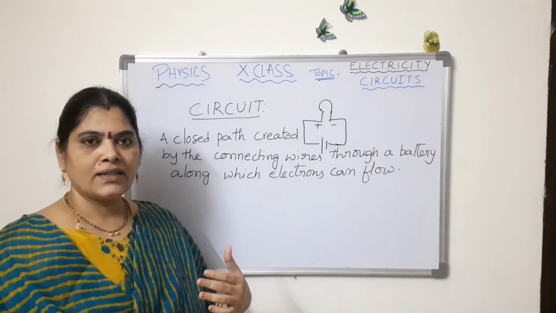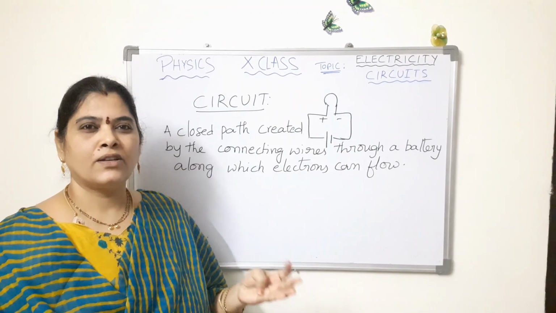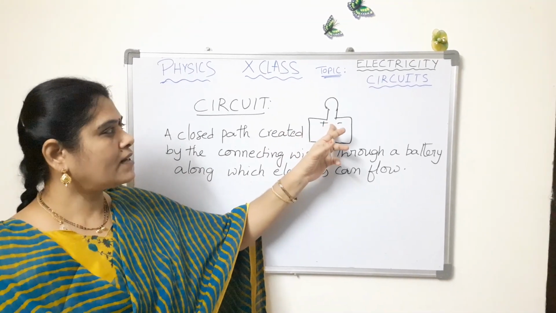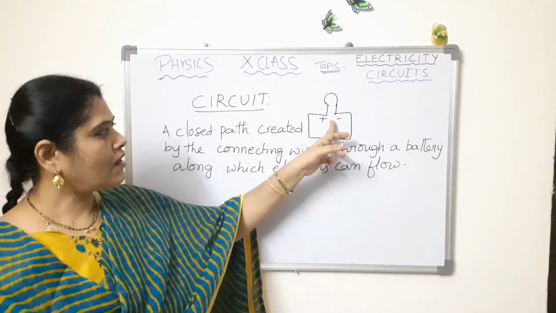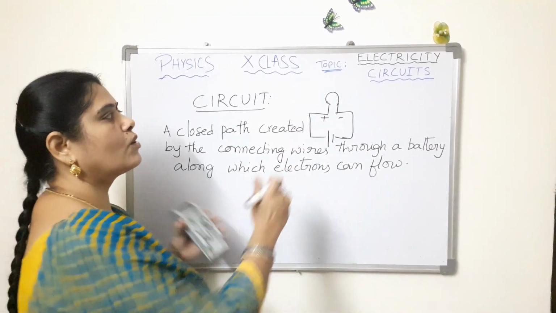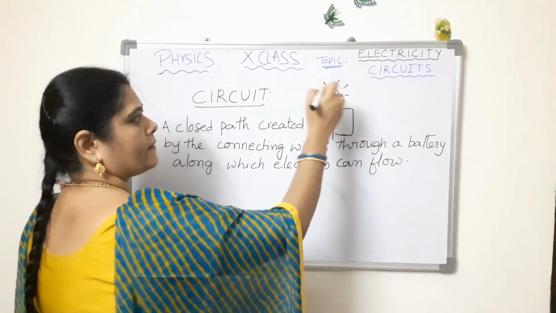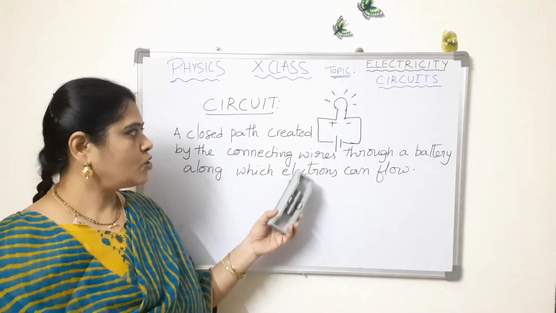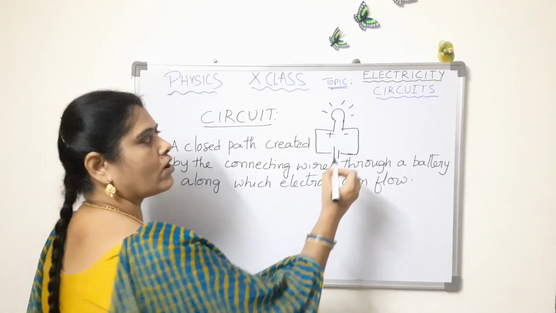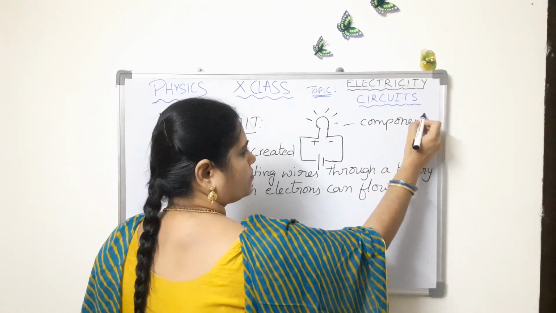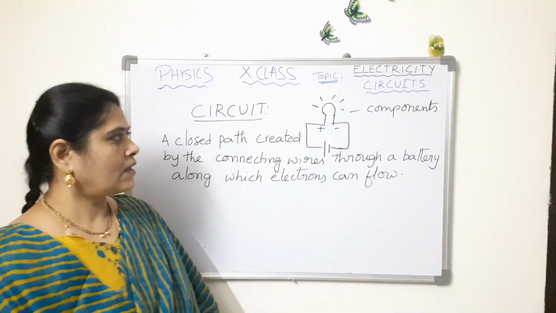And we all know that in the circuit, if the circuit is open, then the bulb which is connected in the circuit is off. If the circuit is closed, then the bulb will glow like this. So many different devices used in the circuits are also called components.